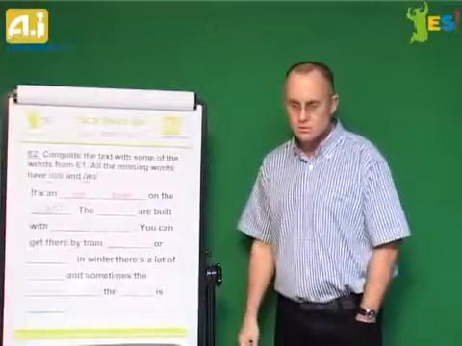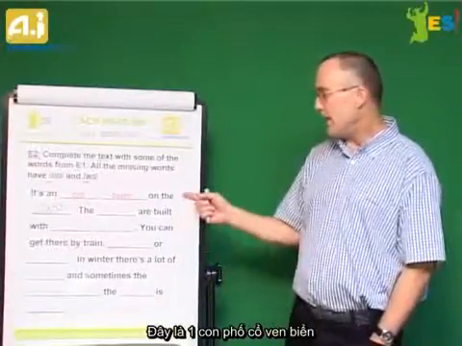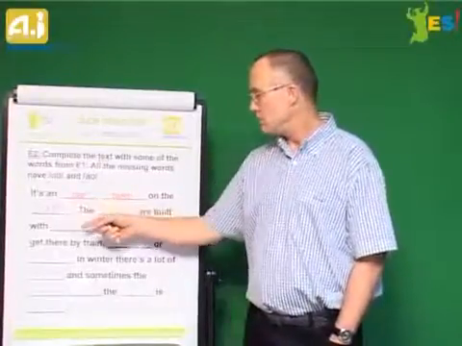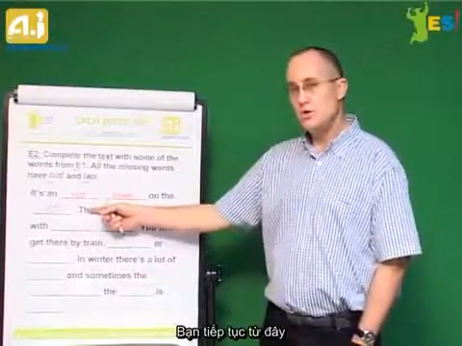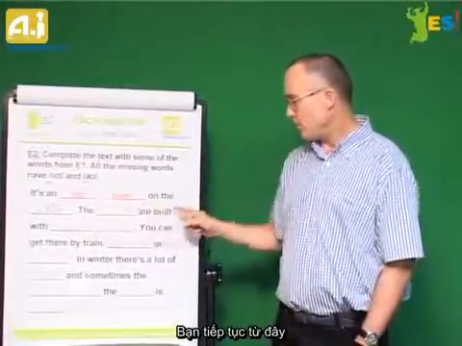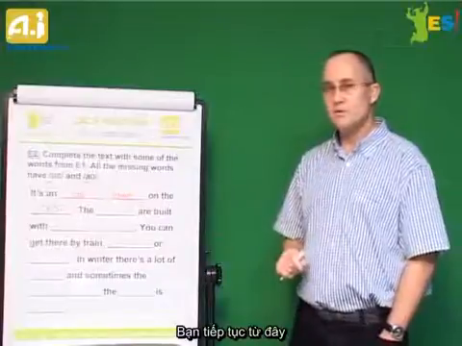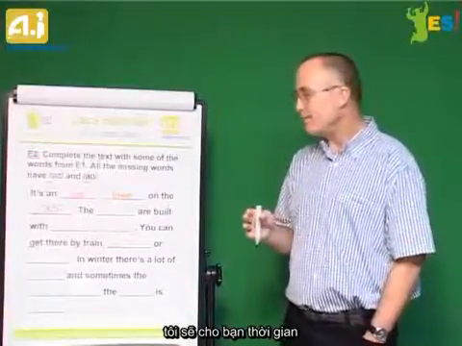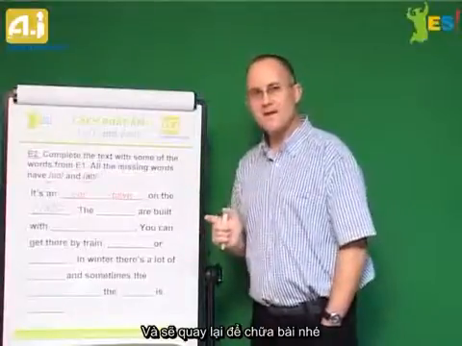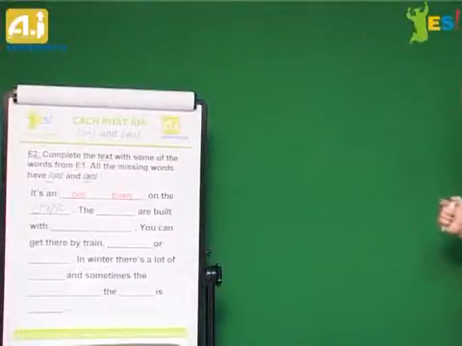It's an old town on the coast. Let's let you start here. The houses are built with, and try to finish. I'll give you some extra time, and I'll be right back to go over these answers with you, okay?